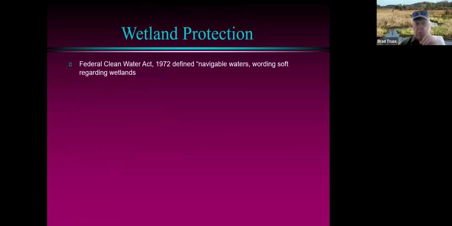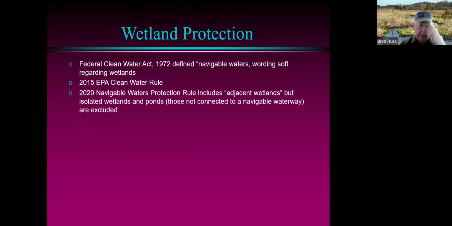So the Federal Clean Water Act was passed in 1972, and that defined wetlands as navigable waters, with soft wording regarding wetlands. So again, the wording really didn't apply so much to wetlands. In 2015, the EPA came out with the Clean Water Rule. And in 2020, the Navigable Waters Protection Rule actually included adjacent wetlands.